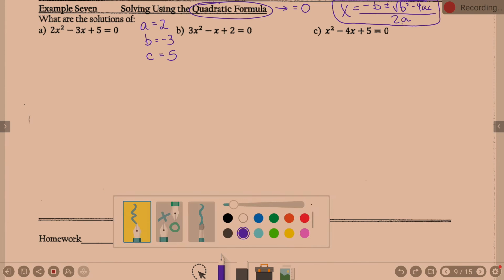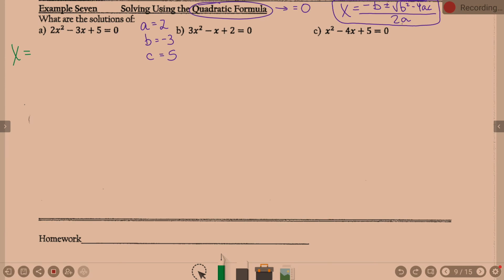Okay, here we go. x equals negative b. What do I mean negative b here? b is negative 3, so the negative of negative 3 is positive 3. Plus or minus the square root of b squared.